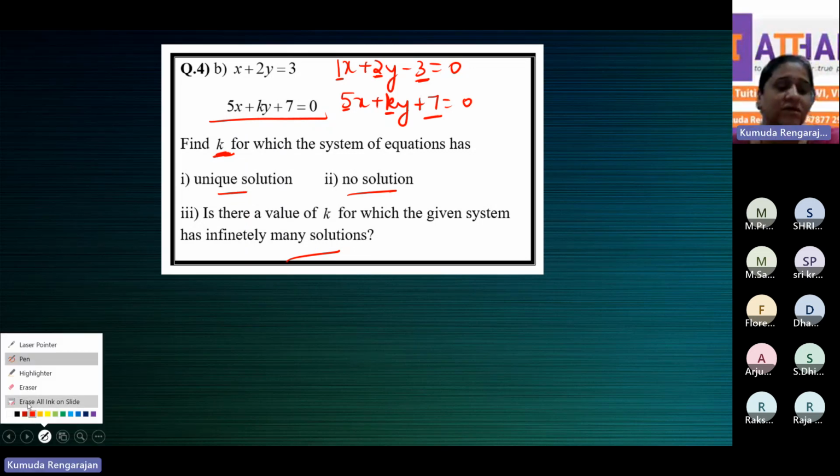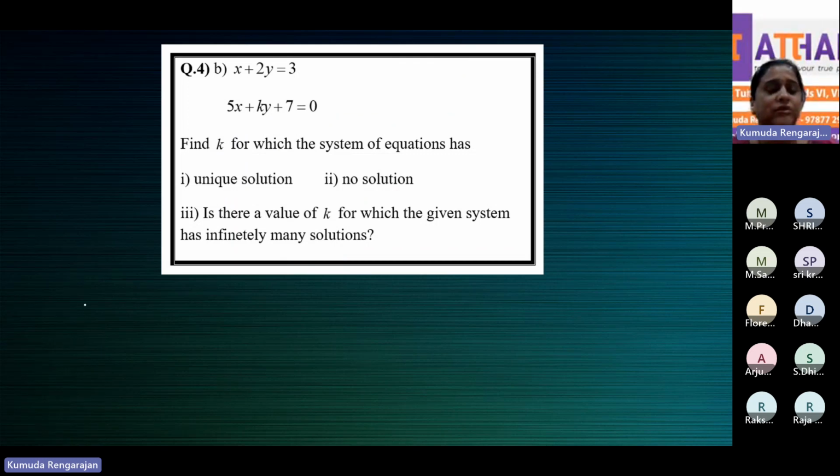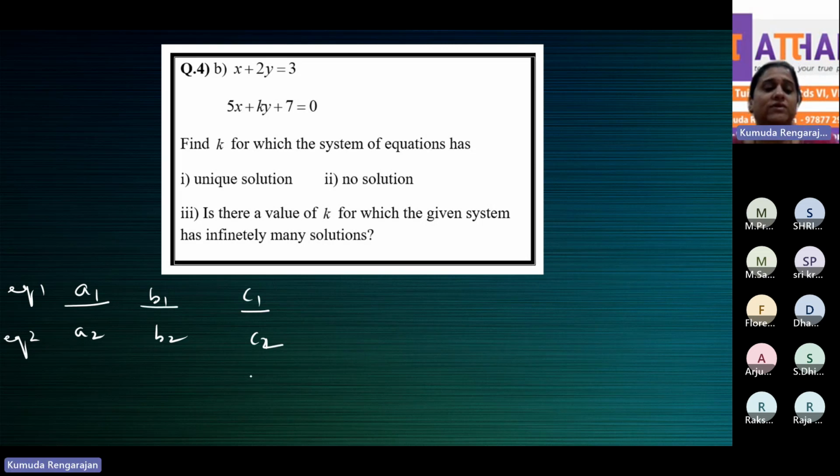So now let's recall. For a unique solution, what's the condition? We know A1, B1, C1 are from the first equation, and from the second equation we have A2, B2, C2. And the ratios, A1 by A2, B1 by B2, C1 by C2. If A1 by A2 is not equal to B1 by B2, unique solution.